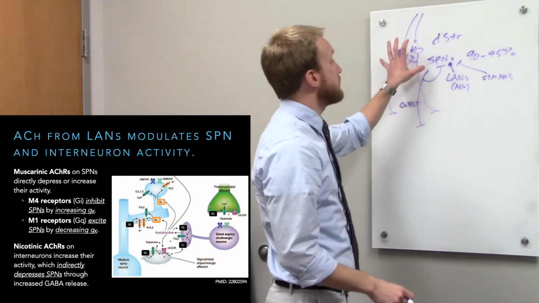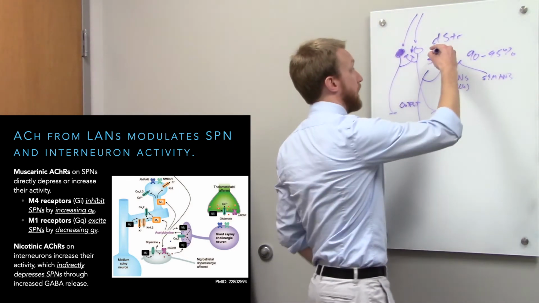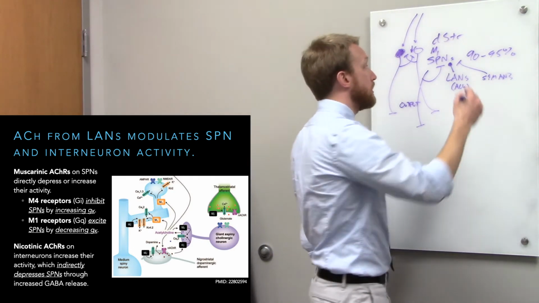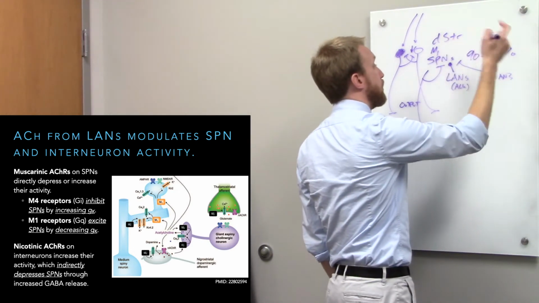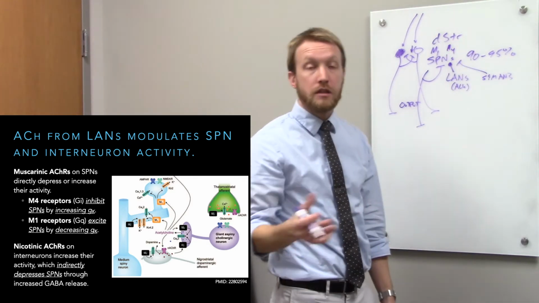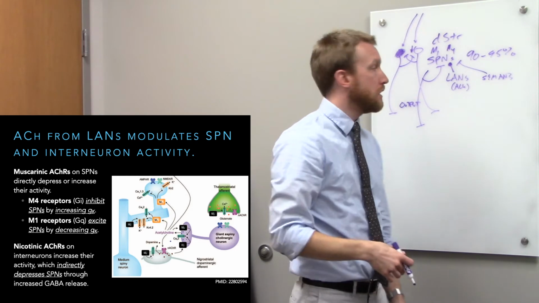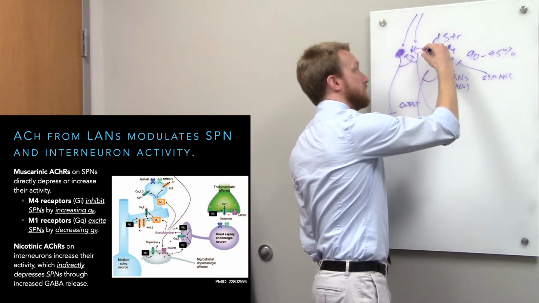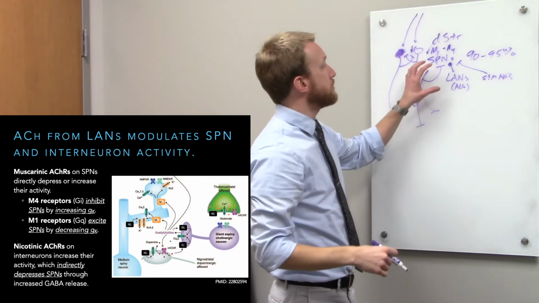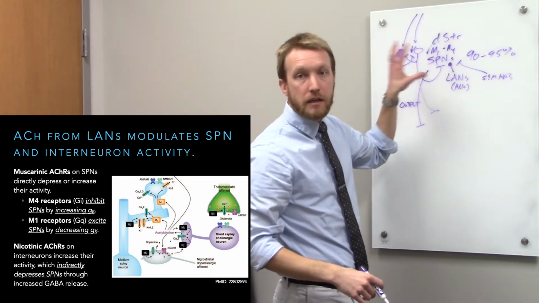So what we're going to find here is that our SPNs are going to have one of 2 types. M1, which is Gq coupled. The odds are Gq, so M1, 3, and 5. Or they have M4, Gi. So the evens are Gi coupled. Excitatory or inhibitory.